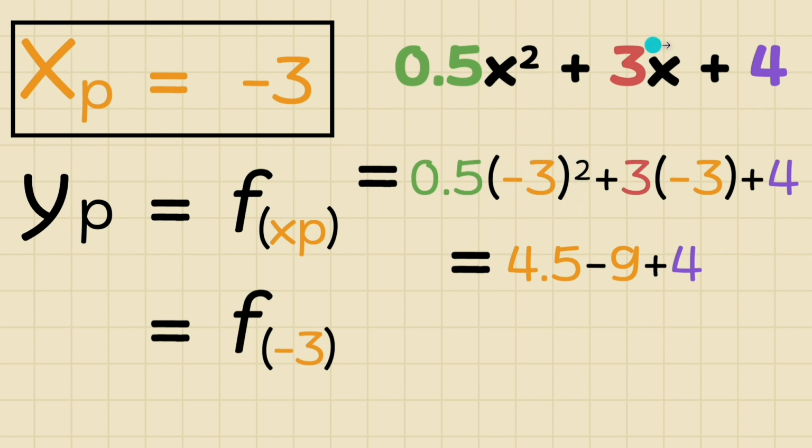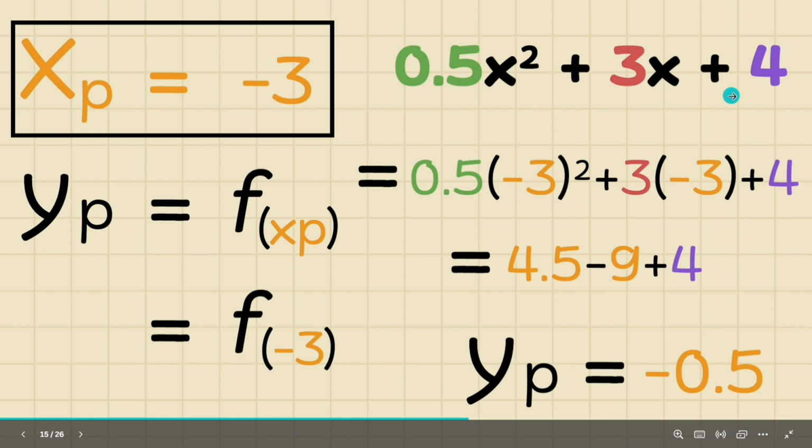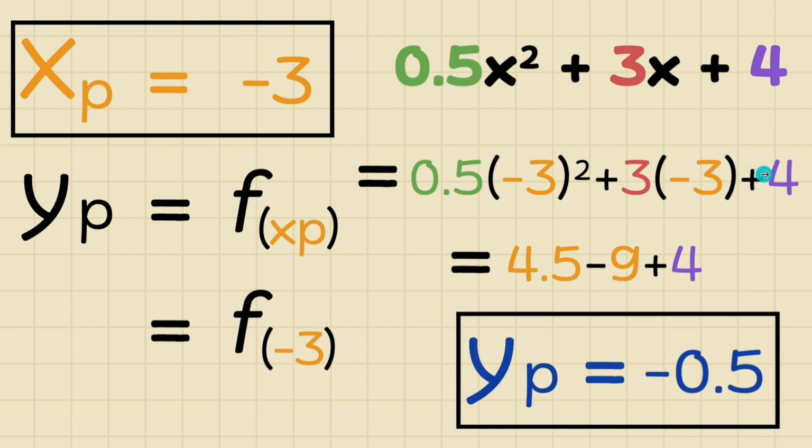It's positive. Negative times negative is positive. And then half it. So 9 divided by 2 is 4.5. Then we have 3 times negative 3, which is just negative 9. And then 4 stays. And we can simplify it so that yp is equal to negative 0.5. Let's solidify this and put this in a box again.